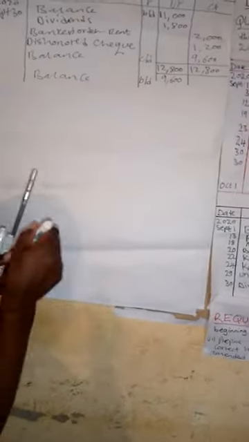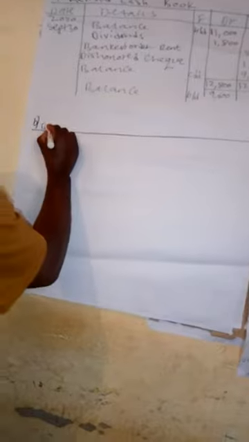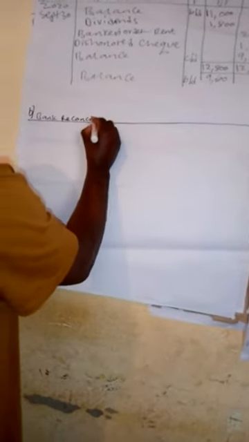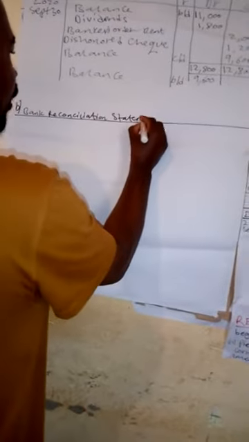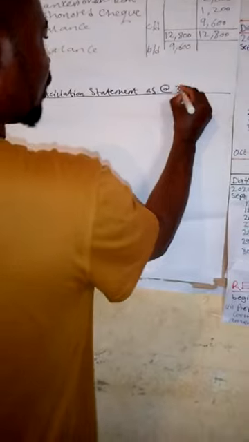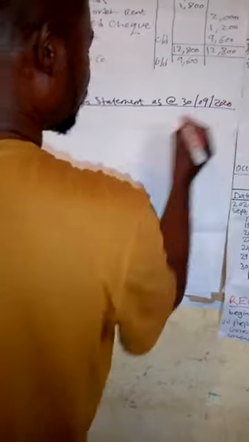So now we can prepare part B. Part B, which is the bank reconciliation statement as at 30th September 2020.